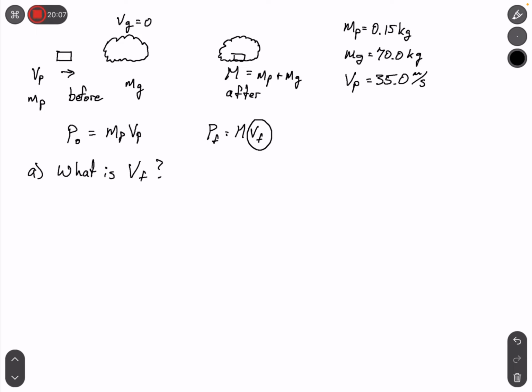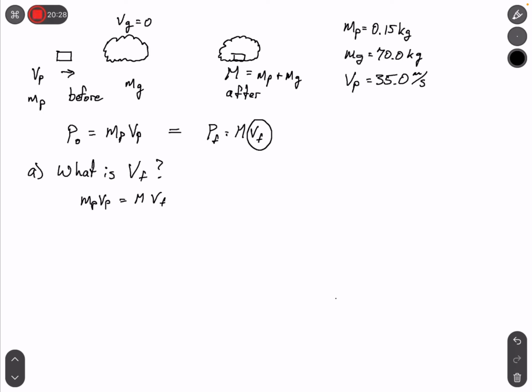Well, we've kind of already done all the work because we just have to say that these two are equal to each other. So the mass of the puck times the velocity of the puck equals the total mass times V final.